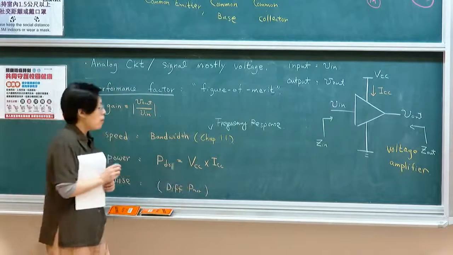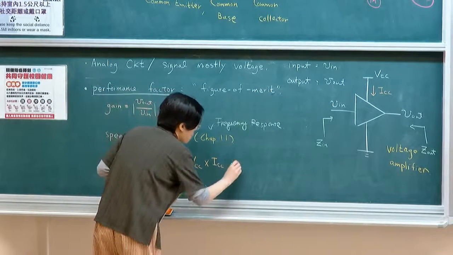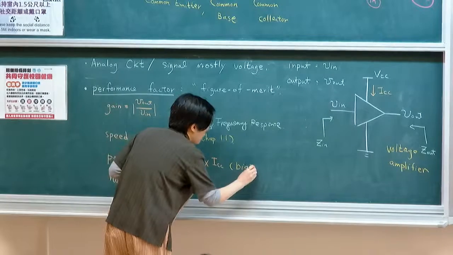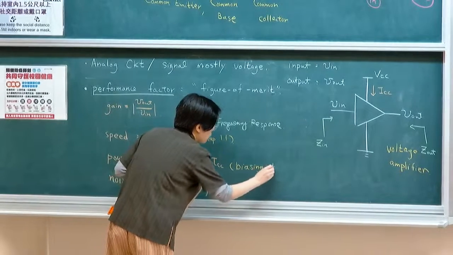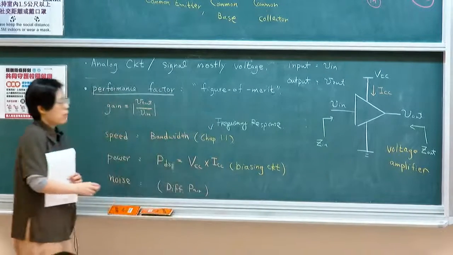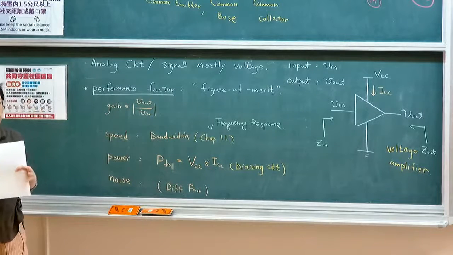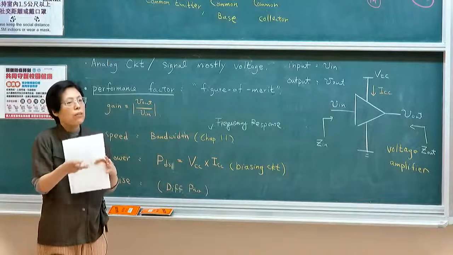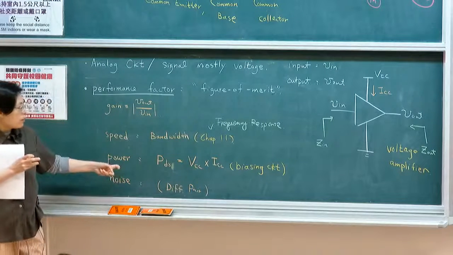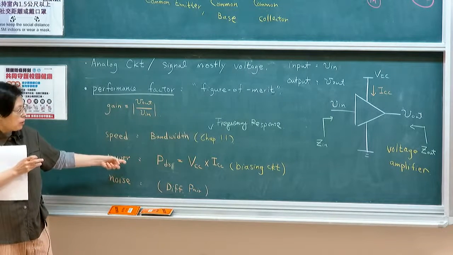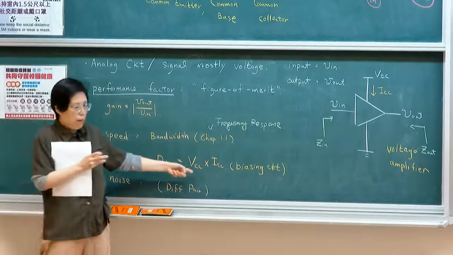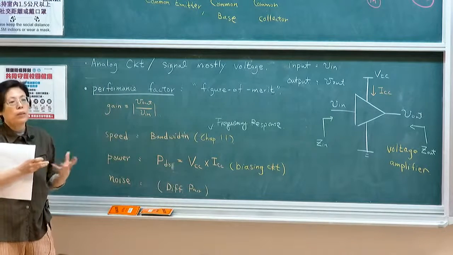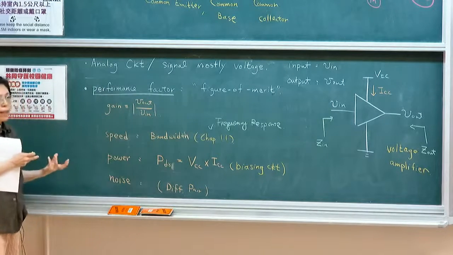This will depend a lot on how the biasing circuit is designed, so we're going to talk about that a little bit. It will be related to the biasing design. How much power does it take for your circuit to stay in this particular state, waiting for the signal to come in? That's called the DC power or biasing power. Typically, biasing power will determine most of the power in an analog circuit.